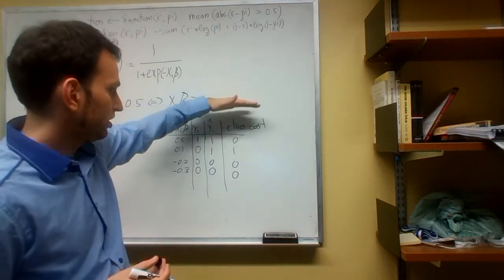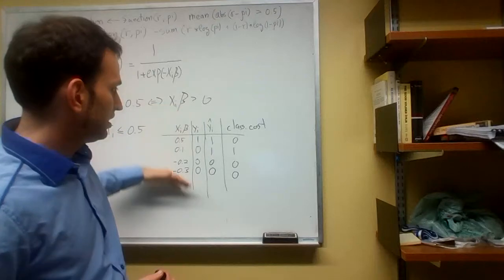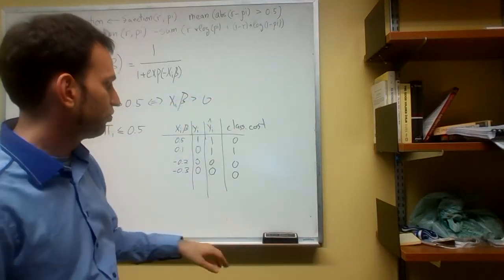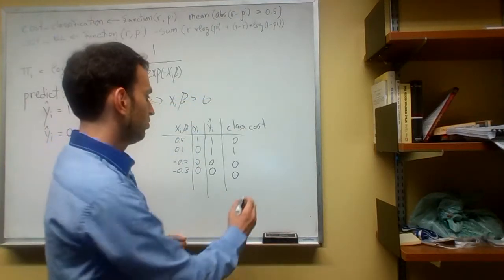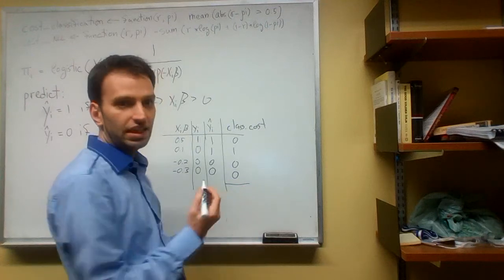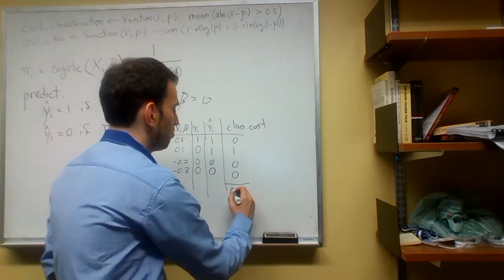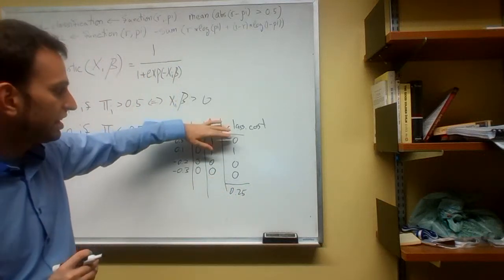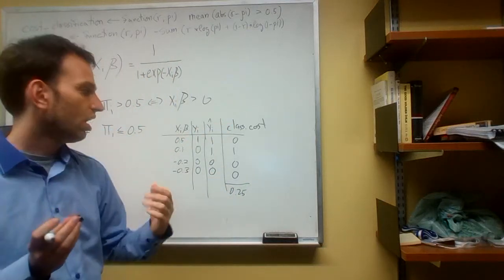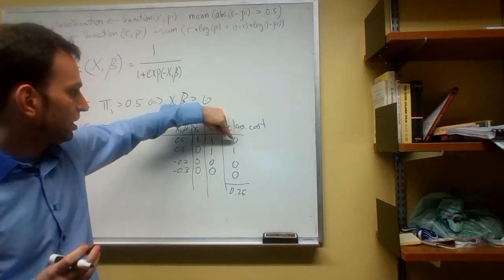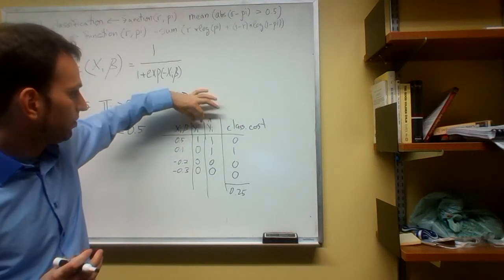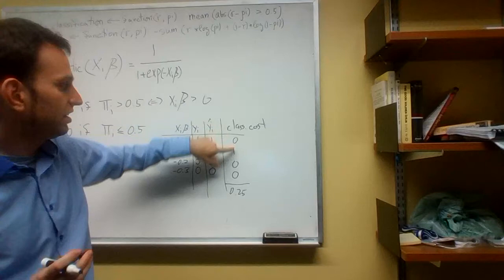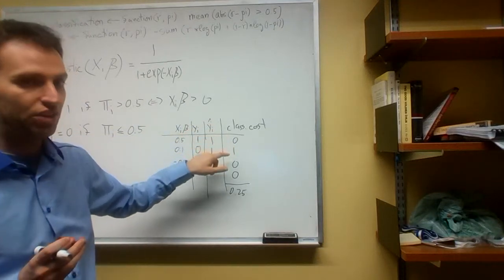Ordinarily, what we do for the classification cost is we take the entire data set and we average the classification cost. So the average classification cost in this case is going to be 0.25. Now, note the interpretation of the cost here. So here it's a 0 if the prediction matches the data, and it's a 1 if the prediction does not match the data.